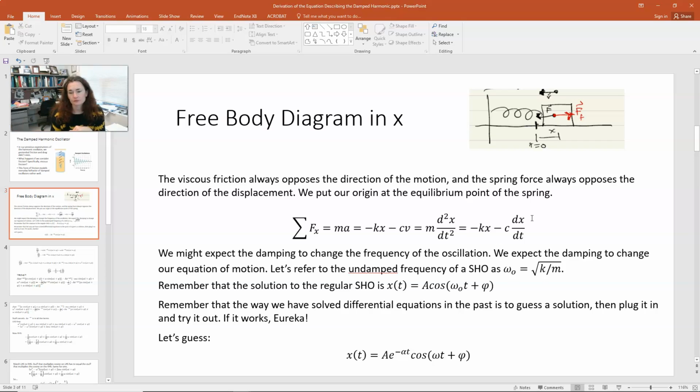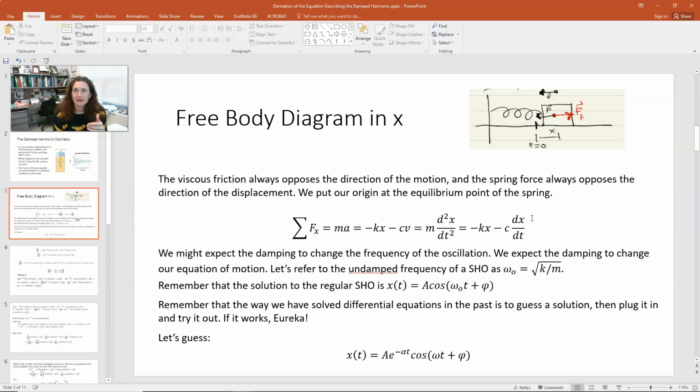Now omega naught is what I'm going to call the undamped frequency of a simple harmonic oscillator from now on, and that's the one that you're already familiar with. Omega naught is equal to the square root of k over m, the square root of the spring constant k divided by the mass attached to the spring. And then, of course, phi is the phase constant. It's just an offset where you start your clock at t equal to 0. So that's our solution with no damping.